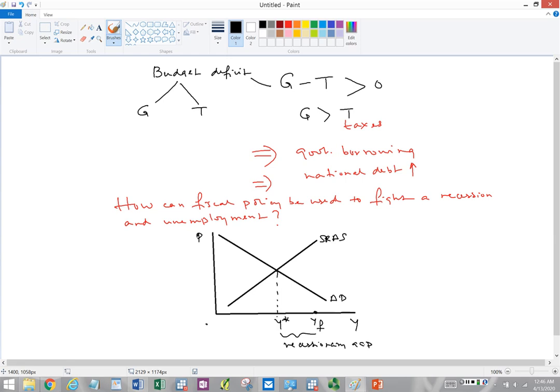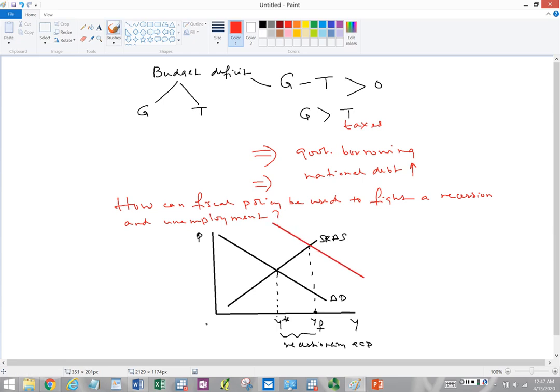Well, according to the Keynesians, this would have to be done by shifting the aggregate demand curve to the right, correct? So this would have to be done as follows. Working backwards here, the aggregate demand curve needs to be moved all the way to the right, like this, correct?